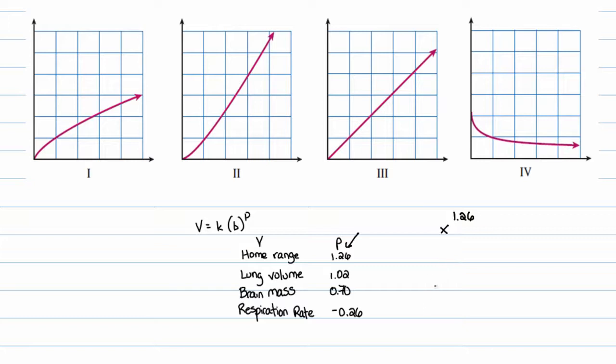Whereas with something like x to the negative 0.26, every time I plug in a different value of x, x equals 1 will lead to an output of 1, because 1 to the negative 0.26 is 1. When I plug in an input of 2, it's going to return 1 over 2 to the positive 0.26 power, because that's what the negative exponent does.